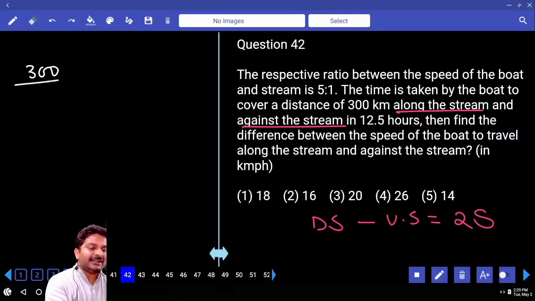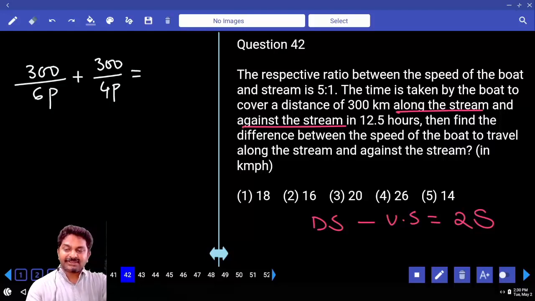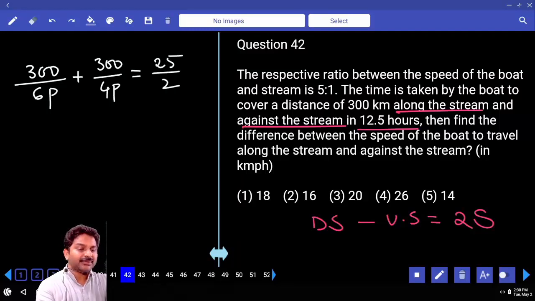300 kilometers covered in downstream, whose speed is 6 parts. Same 300 kilometers covered in upstream, whose speed is 4 parts. And the total time taken is mentioned as 12 and a half. Can I write it as 25 by 2? Right. Numerator, let's take 300 common.